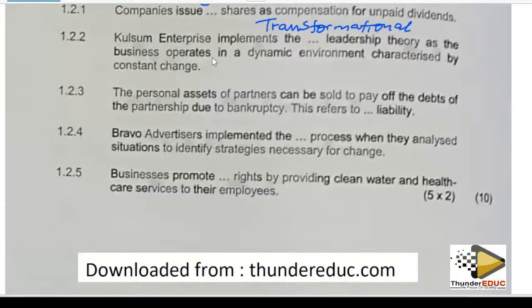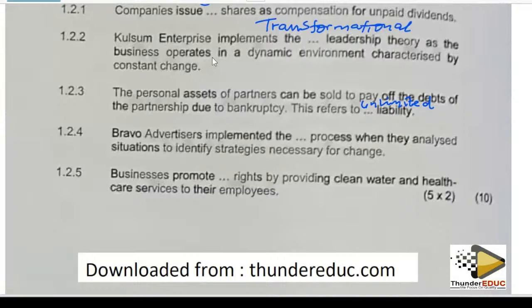In that regard, it means that the relationship between the owner of the business and the business is unlimited. Our appropriate answer is going to be unlimited. Why unlimited? Because now this owner is forced to sell out his assets so that he can settle the business obligation that it failed to pay.